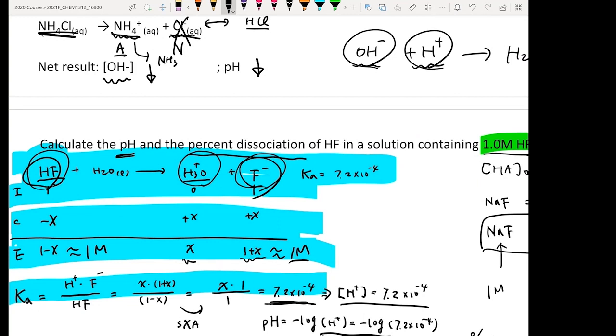If you have a weak acid and weak base, especially conjugate acid-base pairs, they can coexist inside water in large amounts. That's the major difference between strong acid-base and weak acid-base. When you have a strong acid and base, you don't have H plus or OH minus inside the solution. All you have is water.